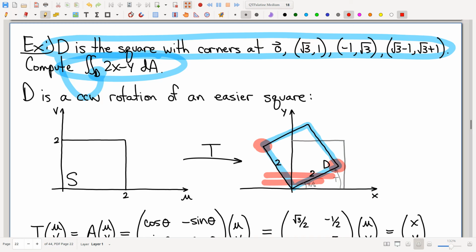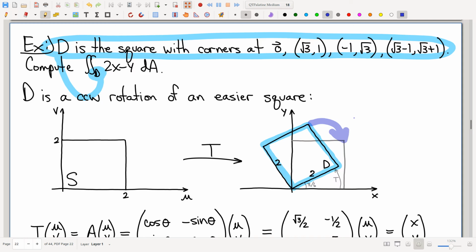Okay. So the way we avoid this is to say, hey, you know what? That domain for the integral I'm interested in, I would like to rotate it. I would like to do this. Wouldn't that be nice if I could rotate it clockwise to turn it into a much more convenient square?